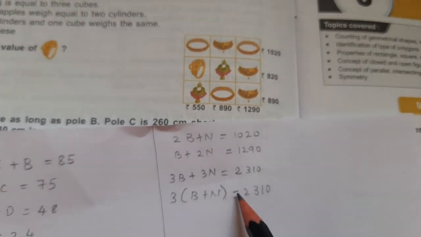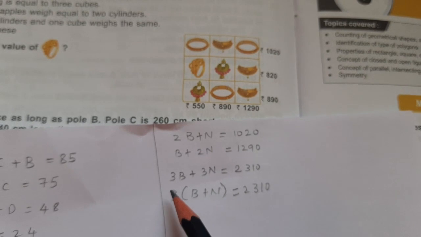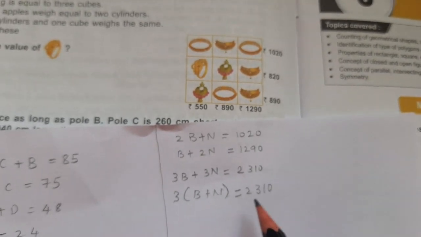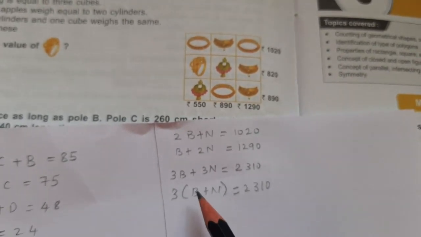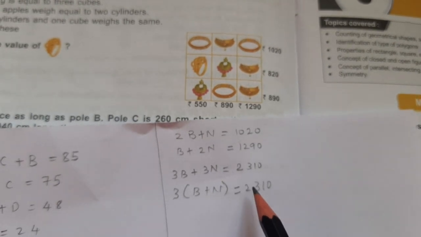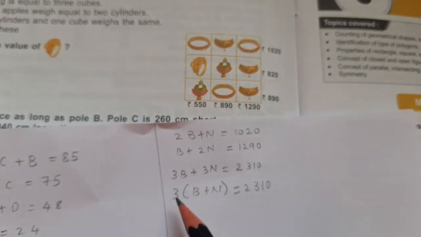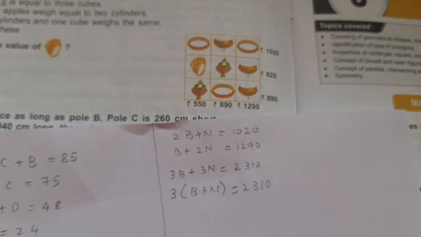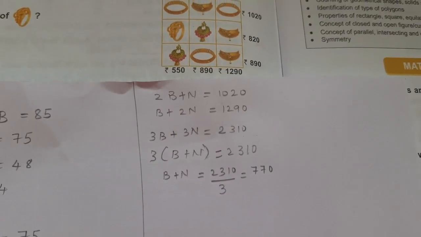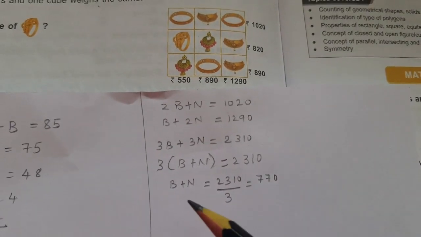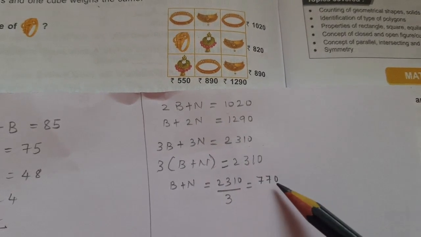Okay, so bangle plus necklace अगर मैं यहीं पे रखूँ, and if I take this 3 on right hand side, I can divide, isn't it? So bangle plus necklace will become 2310 divide by 3. So let me do that. Okay, so doing that, I get bangle plus necklace equal to 770.